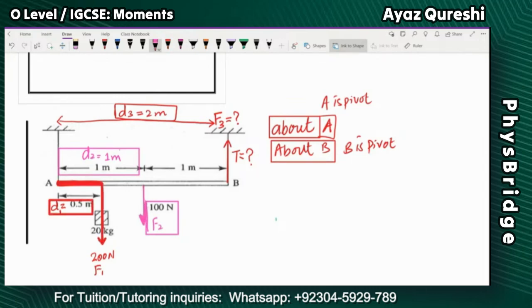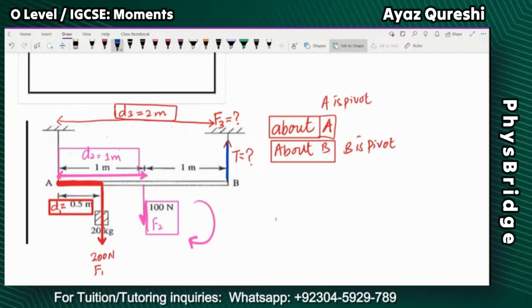If I cut this rope, that B, then this will rotate down in this direction. So this D2 is the distance from pivot to F2. That is why I just marked it D2. F3 is that force. Let me make it blue for you. That is the force, the blue one.